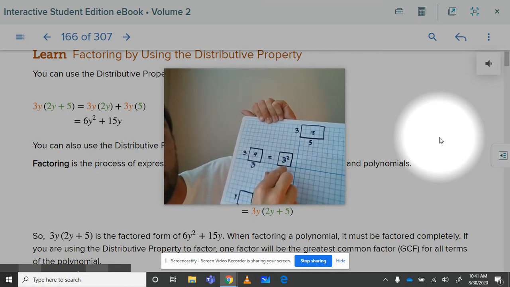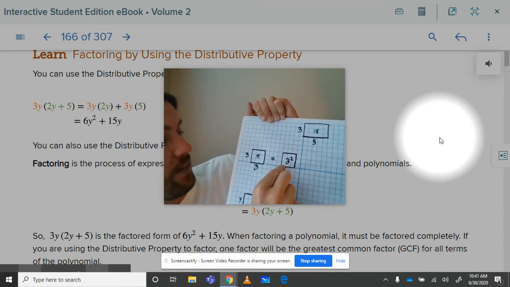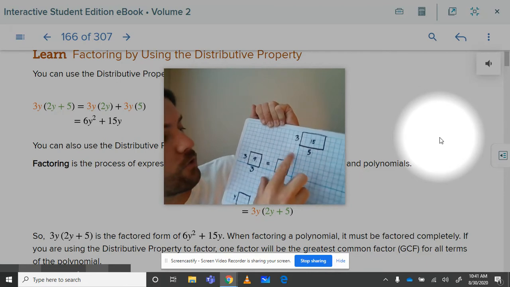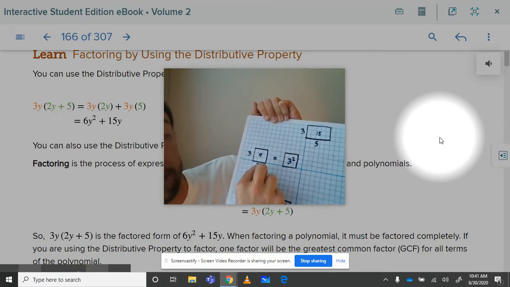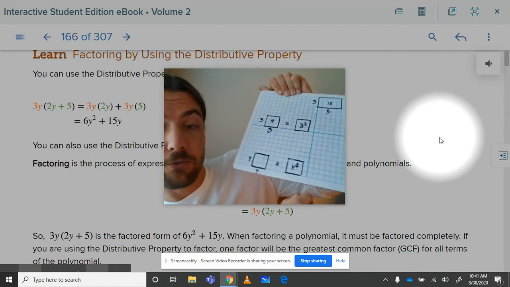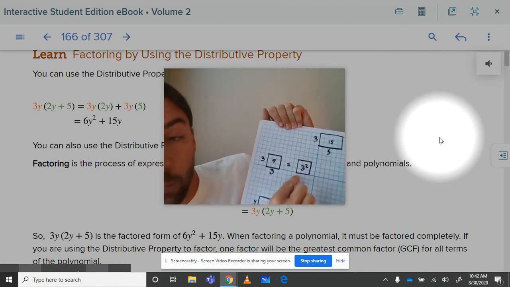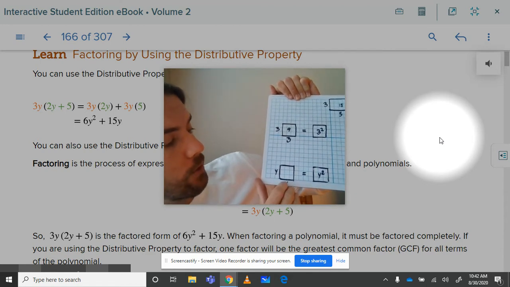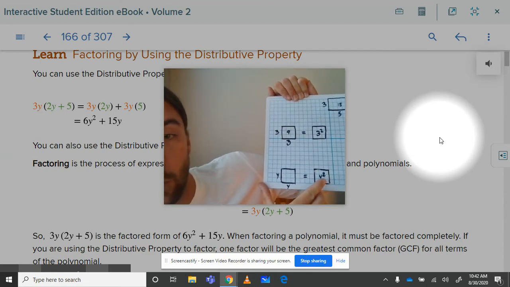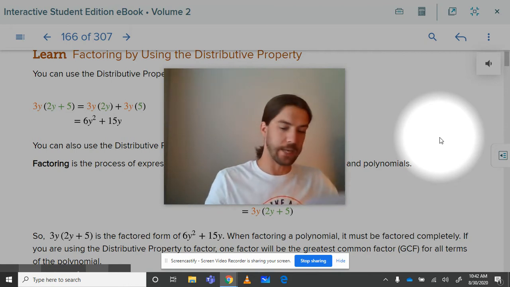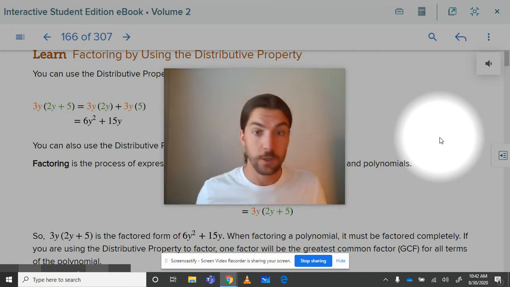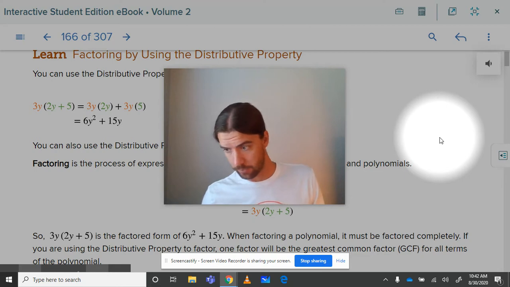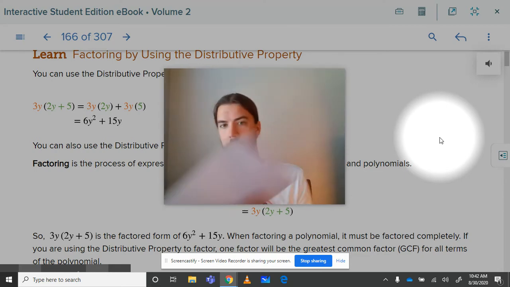In an area model, you're literally making a square, and that is what it means to square something: to have a square with a side length of 3. Now, if instead of a real number we have a variable, like y times y, it's going to be the same thing. It's just y squared. This is what I mean when I'm looking at an area model of things. So thinking about an area model for ours would look a bit like this.